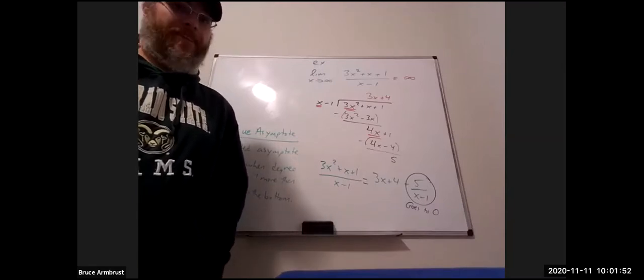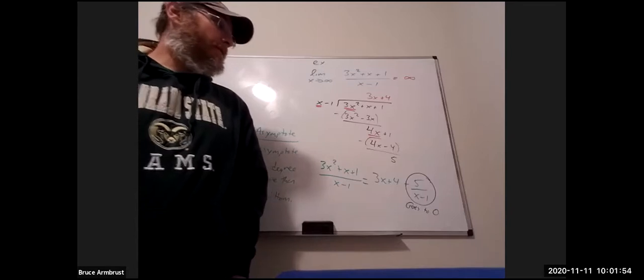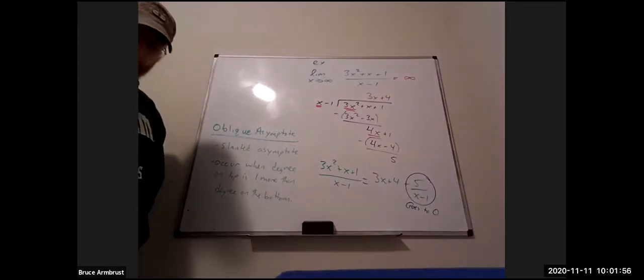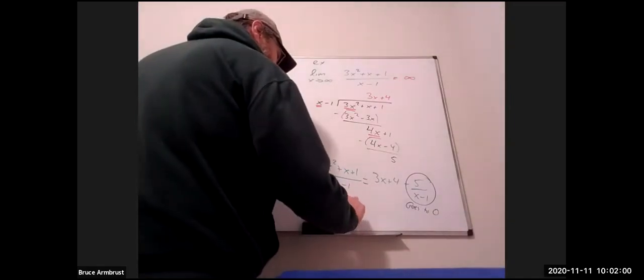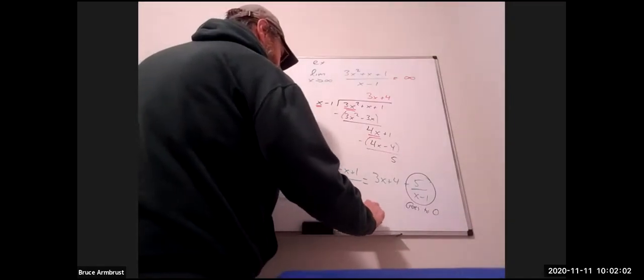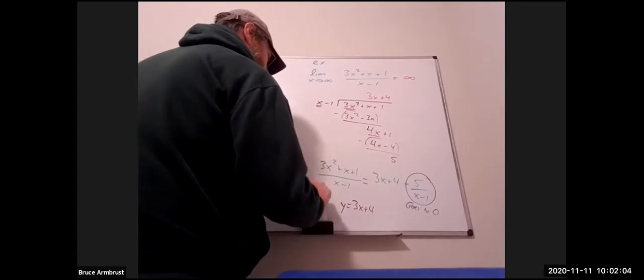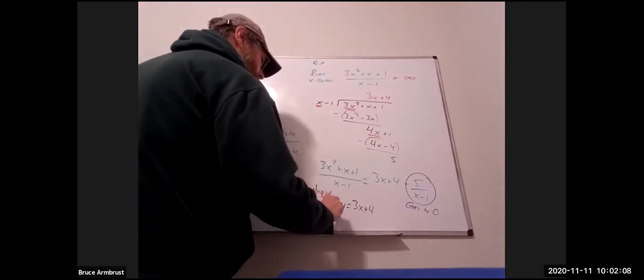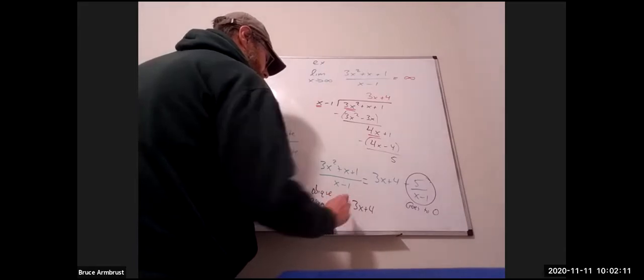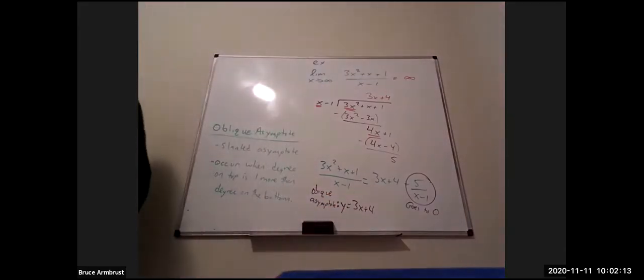Well, there's your slant asymptote. That line that this function was approaching was the line y equals 3x plus 4. So that's our oblique asymptote.